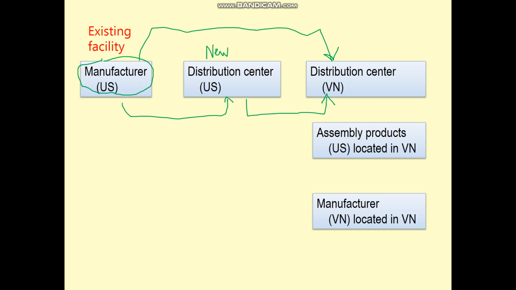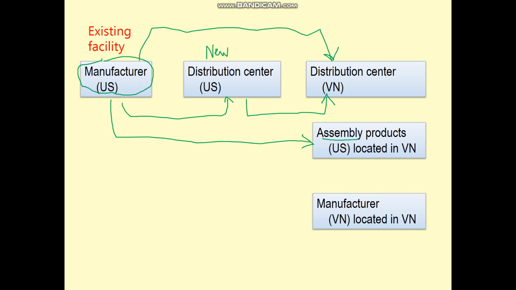For the fourth one, the option is local assembly and finishing. The manufacturer in the US will make most of the products in the existing factory. Then they deliver them to another factory in Vietnam, so that that factory can assemble the products.